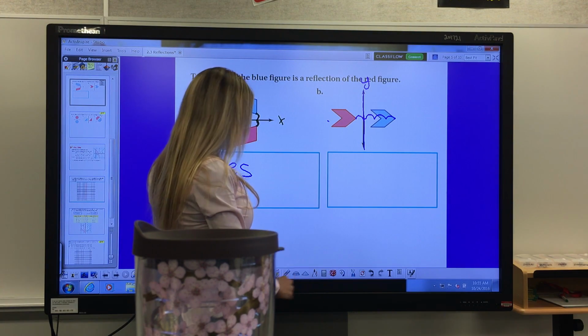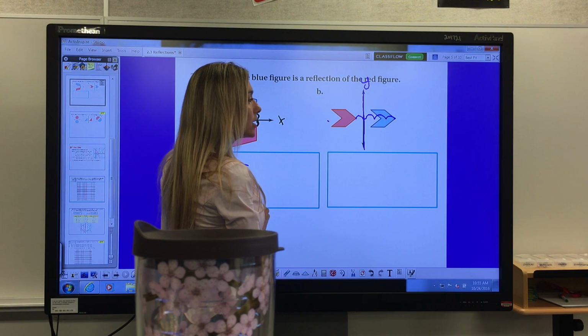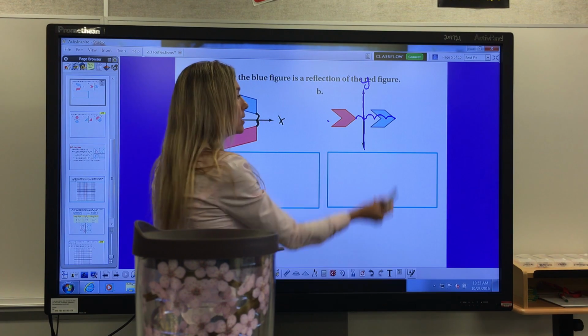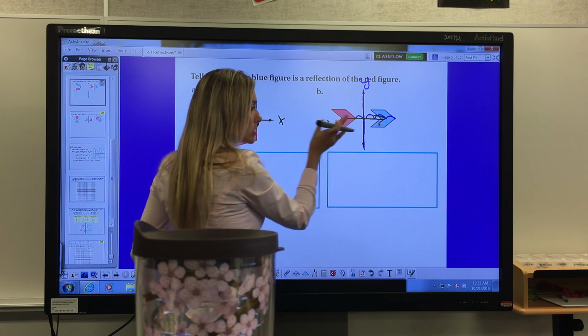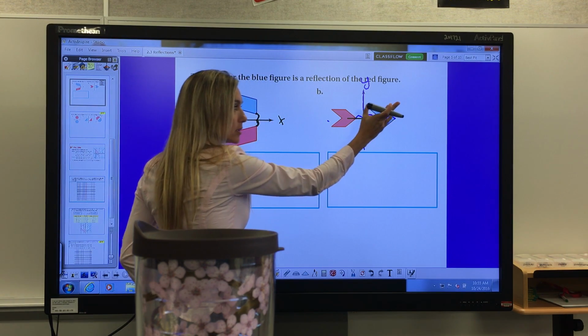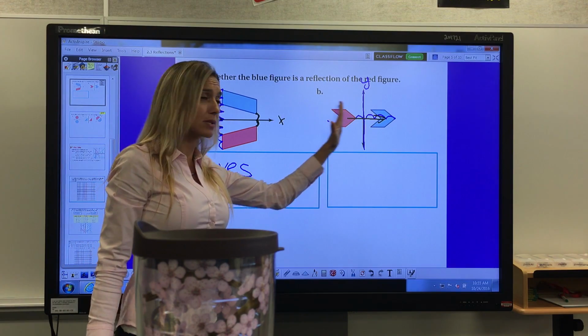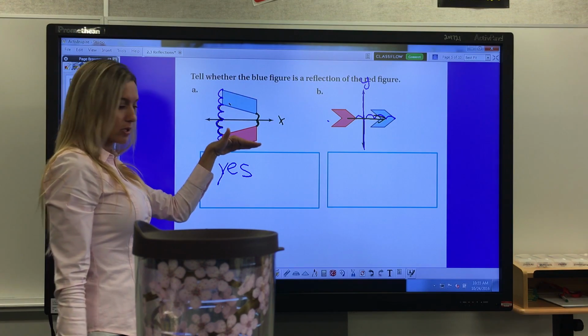What do you think it is? Think about it for a second. And yes, you are right. It is a translation. It just slid, correct? So the name of this transformation is a translation, which is a slide. And here, it was a reflection indeed.